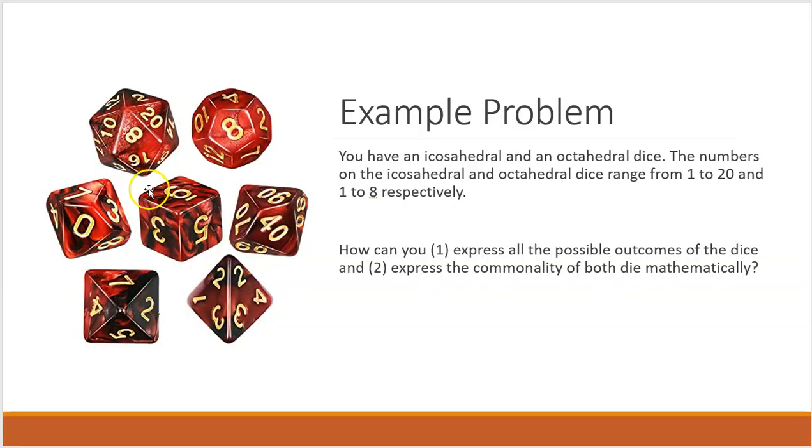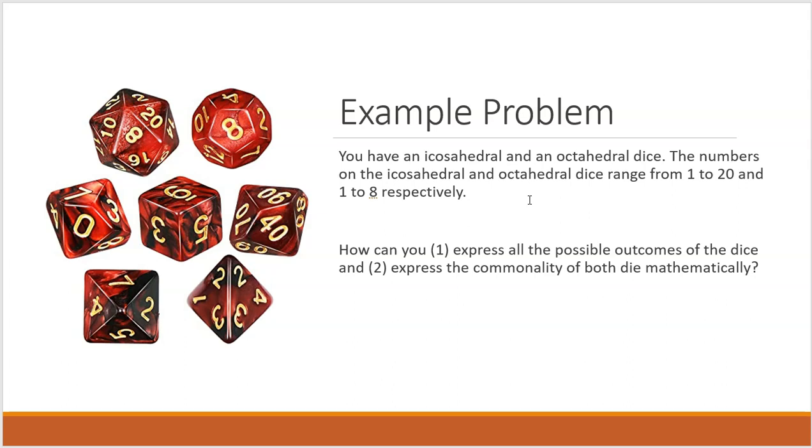So consider a problem where you've got two different types of dice. You've got an icosahedral die and you've got an octahedral die. And you want to be able to represent all possible outcomes of each die respectively using mathematically correct notation.